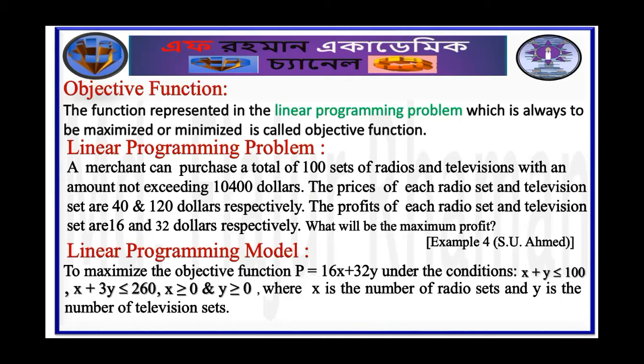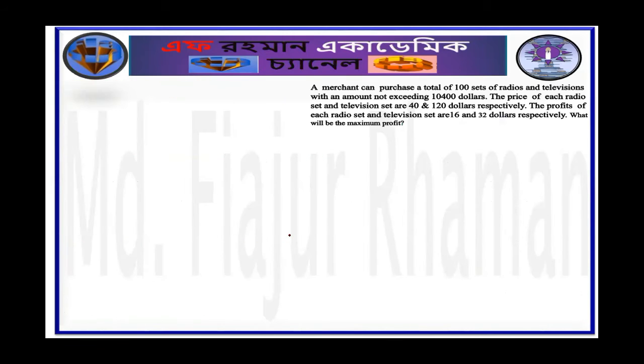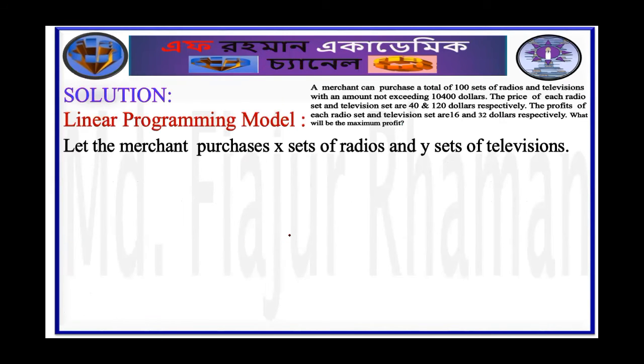Actually, a linear programming problem can be expressed as a linear programming model by following 5 steps. Let us say the merchant purchases x sets of radios and y sets of televisions. Also let the total profit be $P.